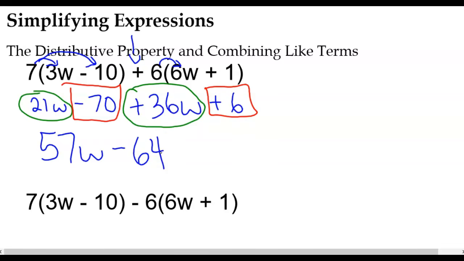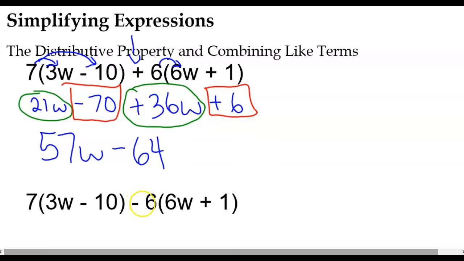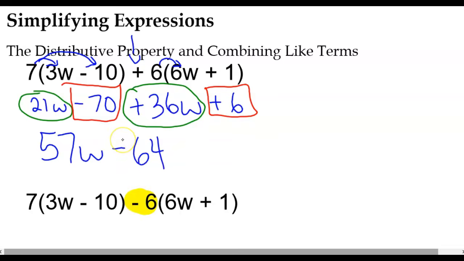Now, this second expression looks close to the same as the first one, except for this one change here. I'm subtracting 6 groups of 6w plus 1. So I'm going to have to be very careful when I distribute with that 6, because it is a negative 6. But I'm first going to find 7 groups of 3w minus 10. Just like the previous one above, I know that's 21w minus 70.